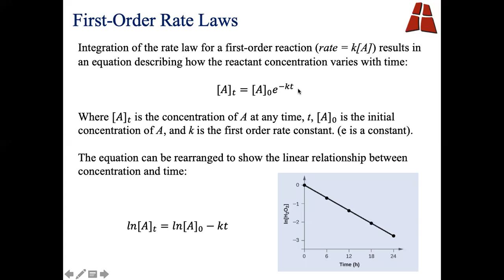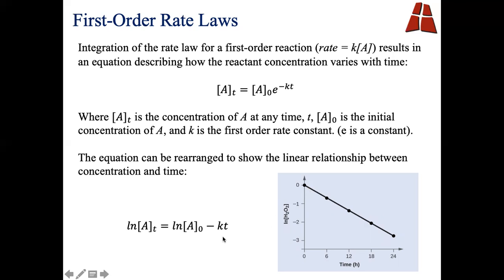If we were to graph this, we could also take the natural log of each side, and when we do that, we get a y equals mx plus b format for this equation, where our y-axis will be the natural log of any chemical, in this case hydrogen peroxide in this graph, at any time. Our y-intercept will be the natural log of the initial concentration, right here.